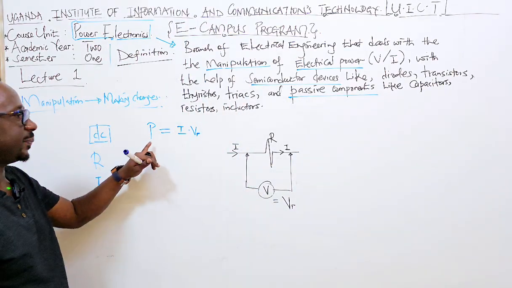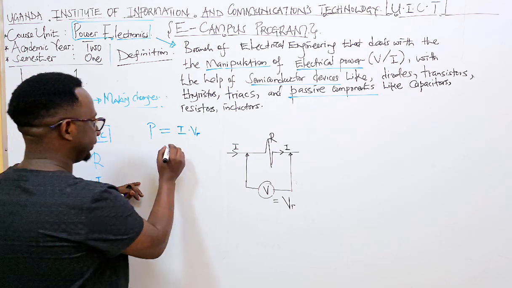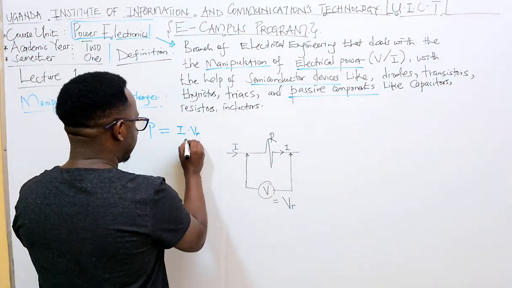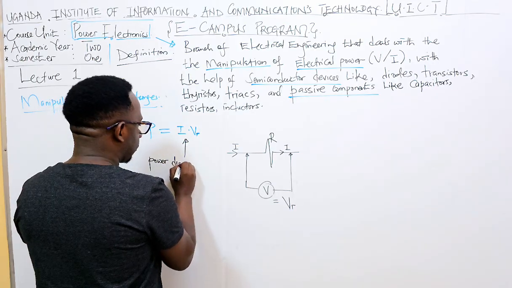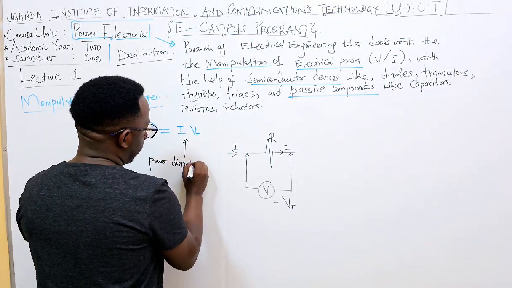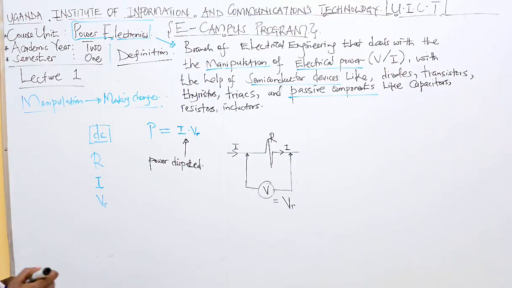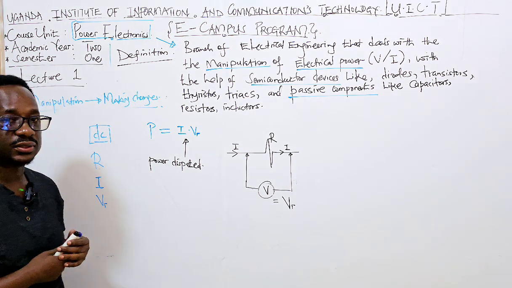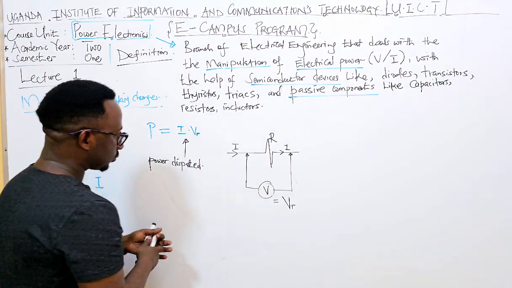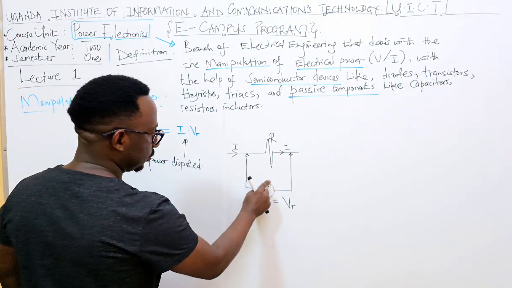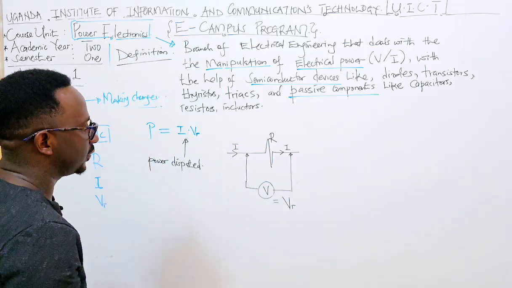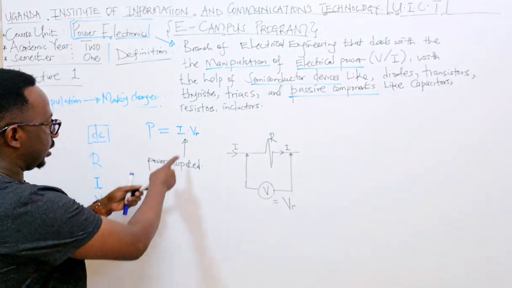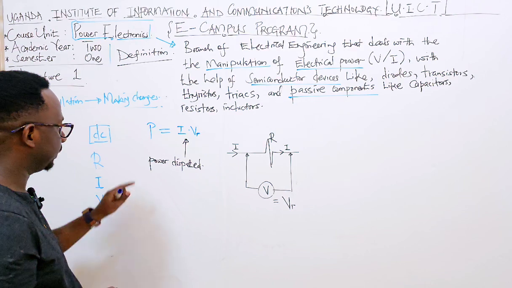So this would be the power dissipated by that resistive load. For ease, I've used a resistive load. For a resistive load, that will be its power dissipation.